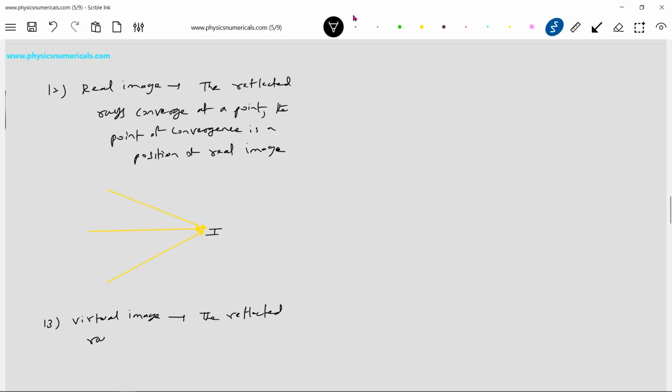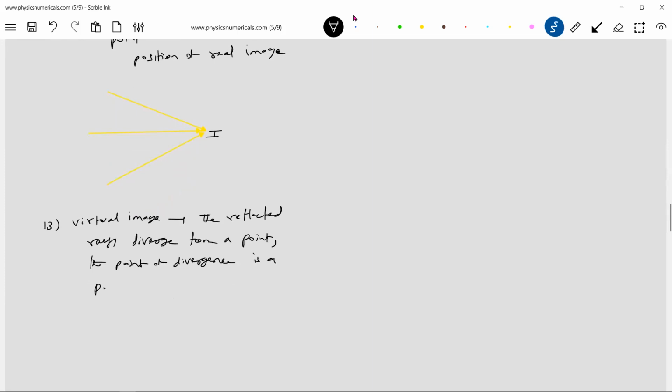The reflected rays diverge from a point. The point of divergence is the position of the virtual image.